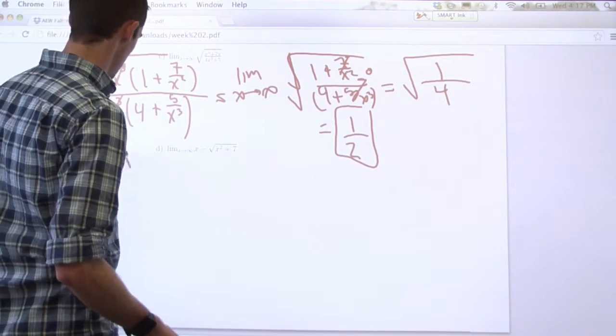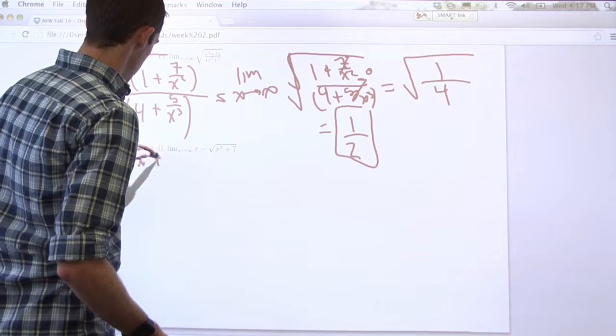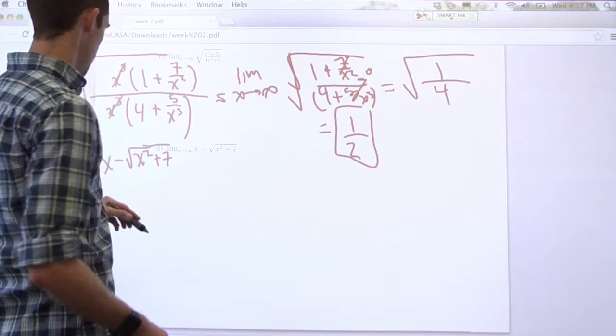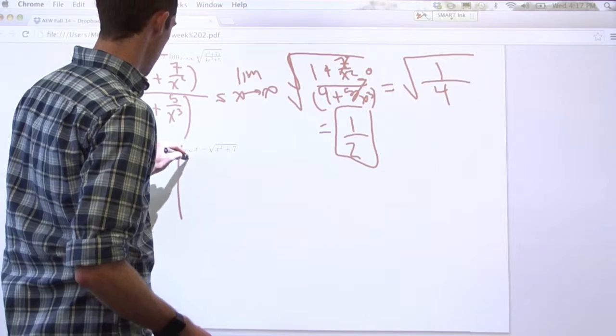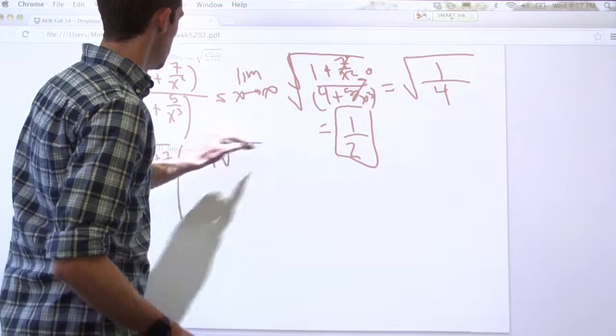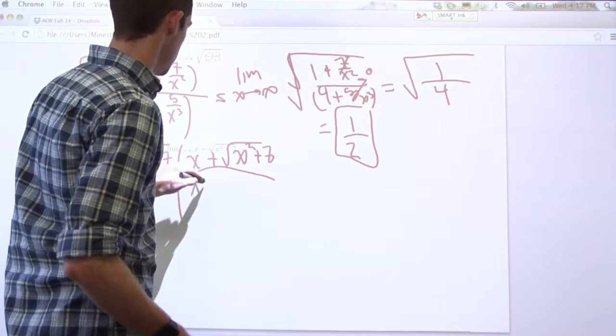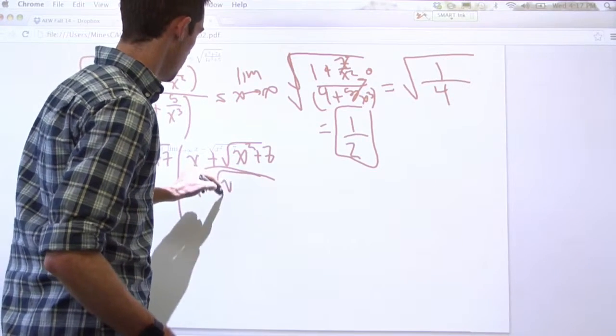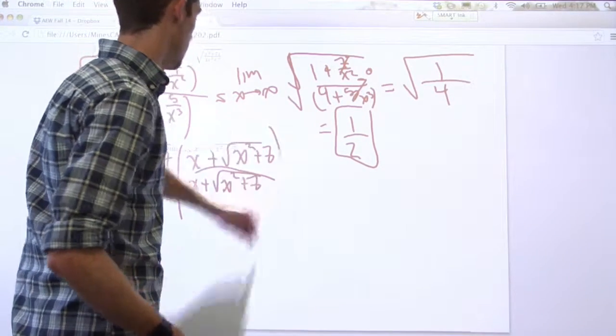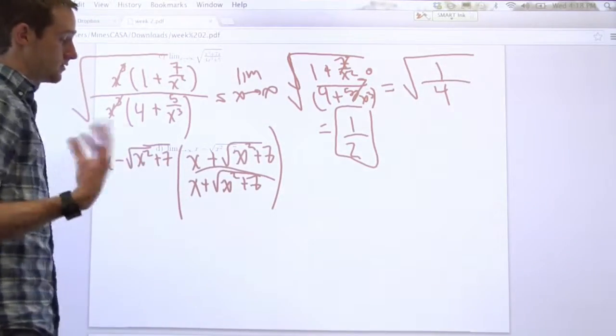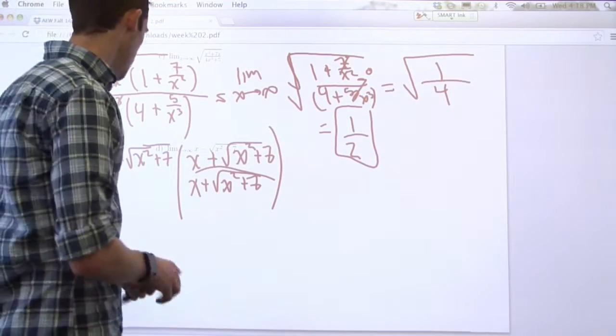That is x plus the square root of x squared plus 7 over x plus the square root of x squared plus 7. Make sure you do the something over something so that it's multiplying by 1.